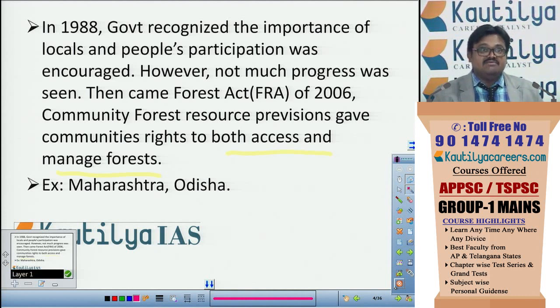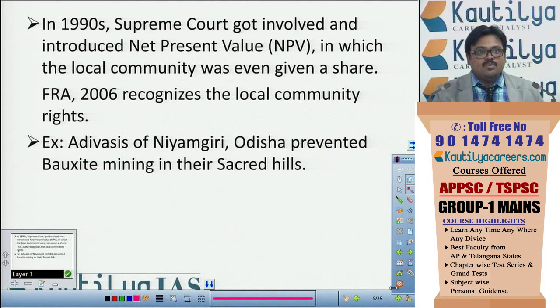So the Forest Act of 2006 is very important because it introduces the concept of community forest rights. There are also other examples. The Adivasis of Niyamgiri in the state of Odisha prevented bauxite mining in their hills using these community forest rights. So these forest rights have been playing a very important role.